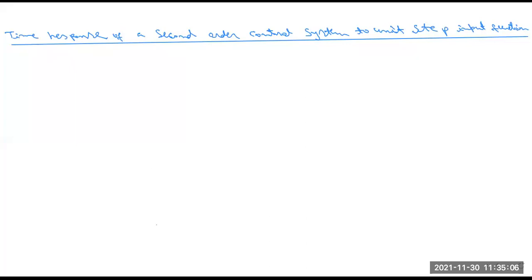Now we have to apply the input, which is the step input function. Please tell me, anyone, what is the unit step function that we applied in the first order control system?